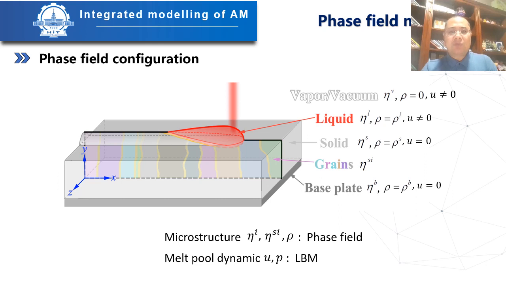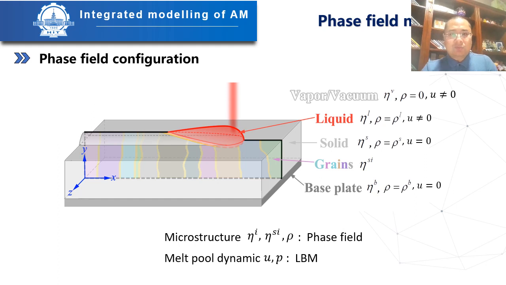The phase field model constitutes the heart of our platform. Within our phase field model, we account for 4 distinct phases. The vapor or vacancy phase, represented by phase field φ_V, the liquid phase, represented by φ_L, the solid phase, represented by φ_S, and the base plate phase, represented by φ_B.